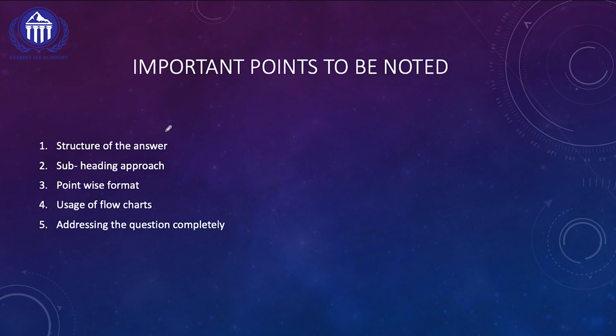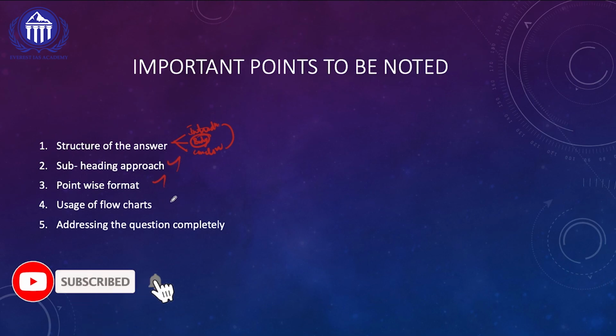So what are the important learnings from today's video of Aditya Vikram Agarwal? Structure of the answer is important for society-based questions also. That is, introduction, body, conclusion should be written in our answers. Introduction and conclusion should be written in 3 to 3.5 lines. For the body of the answer, subheadings and point-wise writing is advisable.